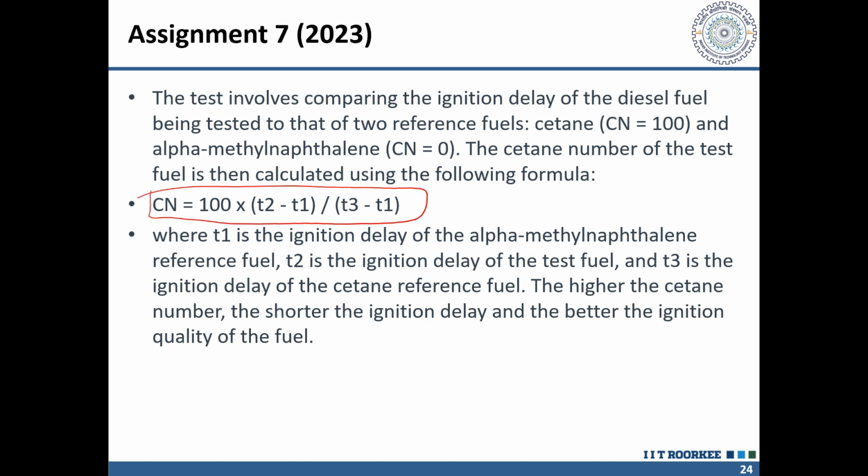In this formula, T2 is the ignition delay of the test fuel which we are testing, T1 is the ignition delay of the alpha methylnaphthalene reference fuel, whose cetane number is usually 0, and T3 is the ignition delay of the cetane reference, which has the value of 100. So this is how the cetane number of any test fuel T2 can be calculated.